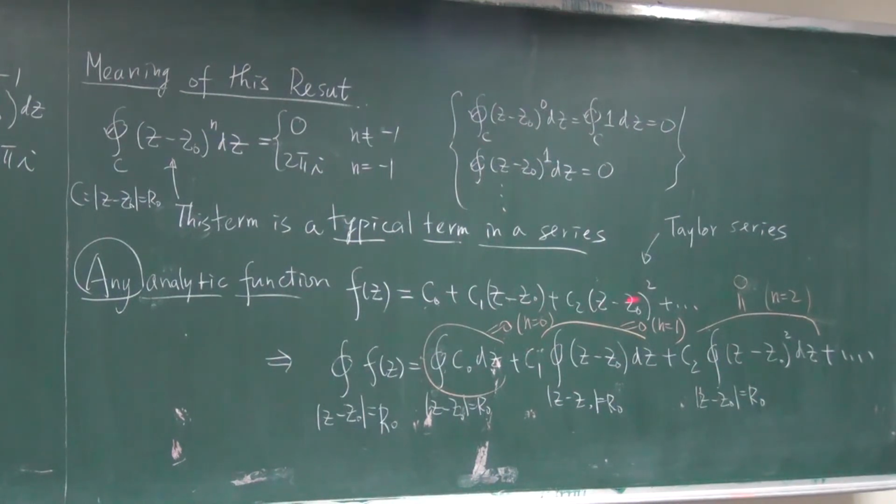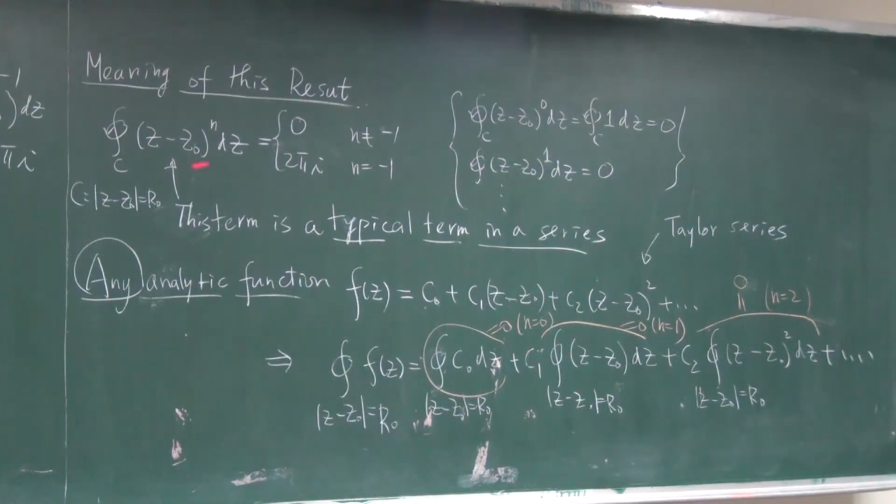Each term of this series is just a typical term of this function. So the integration here is just the integration of the terms in a Taylor series, term by term. When n equals 1, we have this term. When n equals 2, we have this term. Understand?